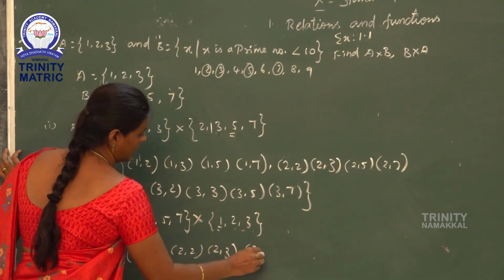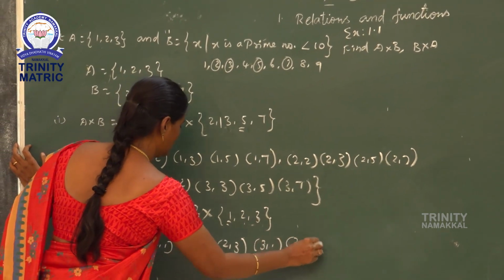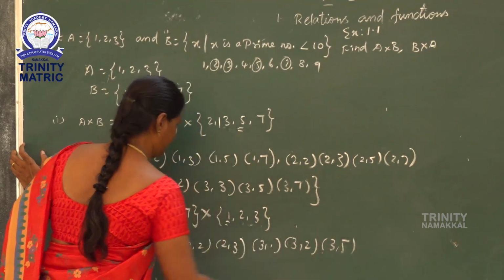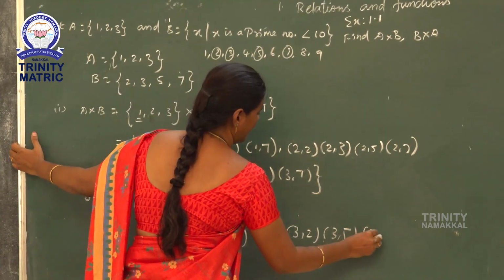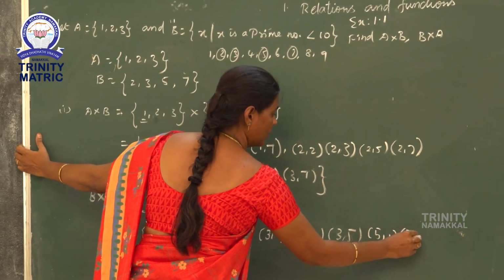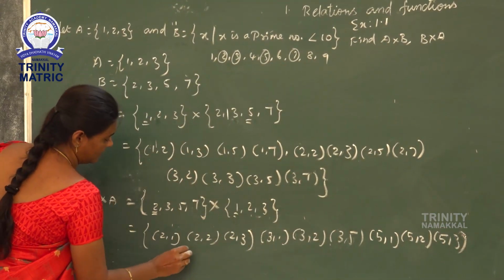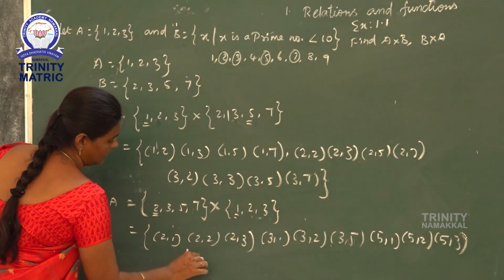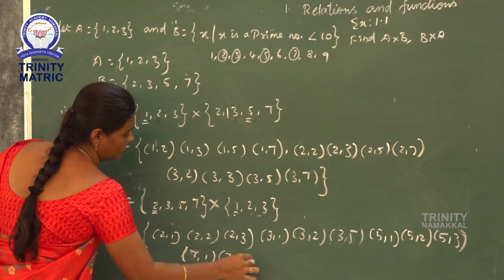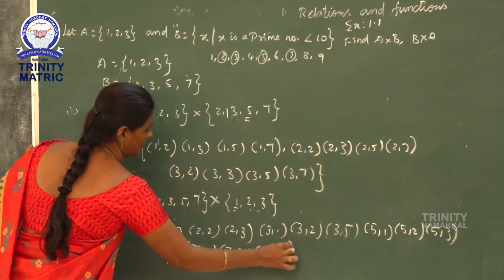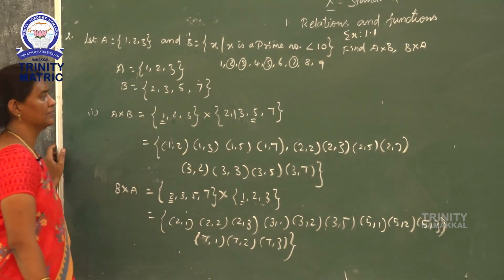Then 3, 1, 3, 2, 3, 3. Then we take 5, 1, 5, 2, 5, 3. Then we take 7, 1, 7, 2, 7, 3. This is B cross A.